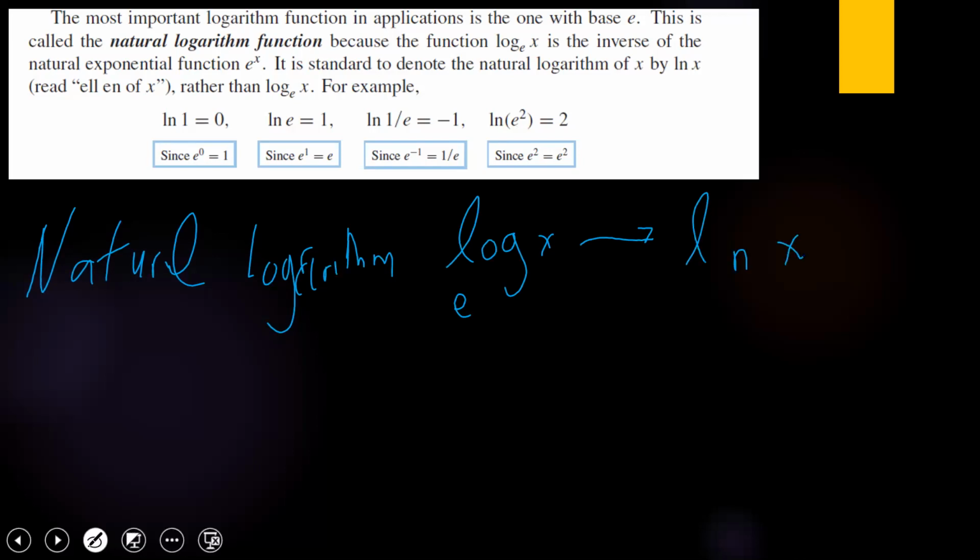This ln of x means logarithm of x to the base e. Now, let's see its properties. The first one: ln of 1 is 0.